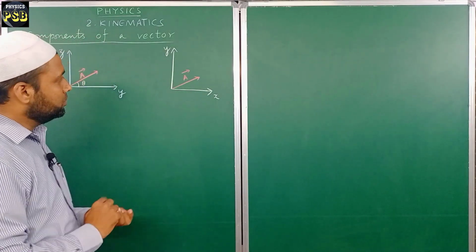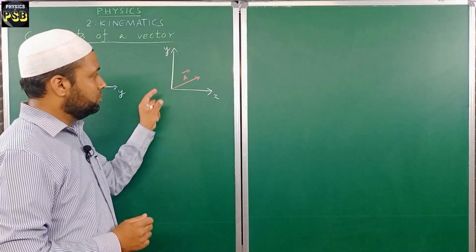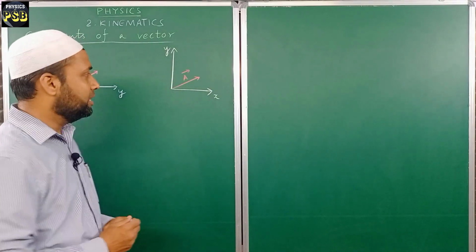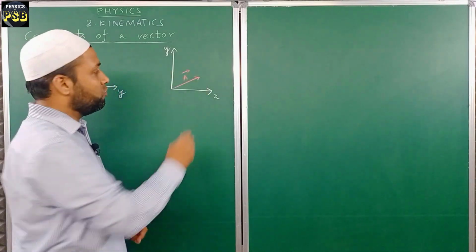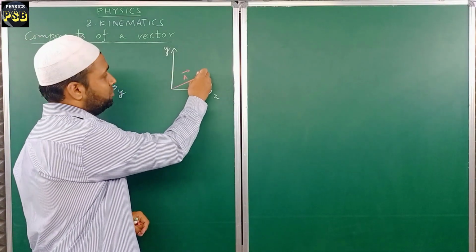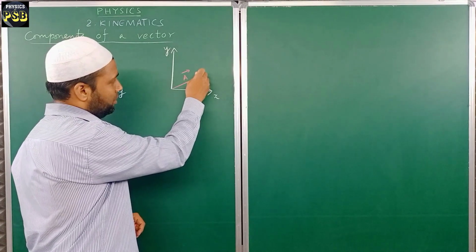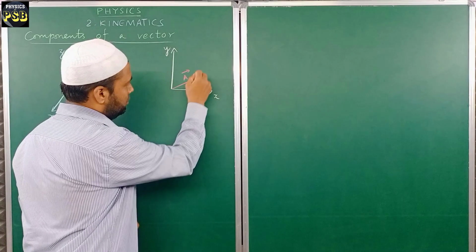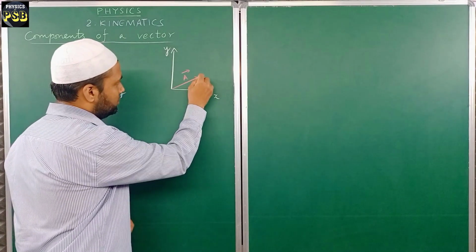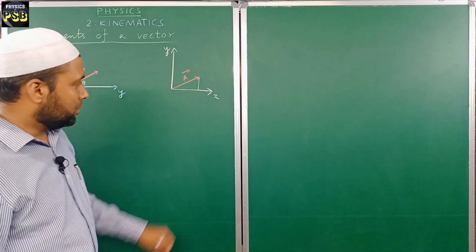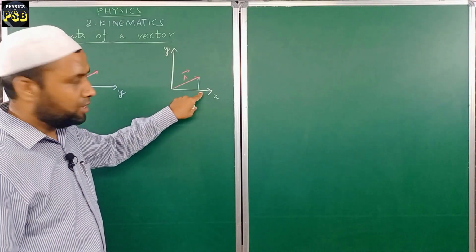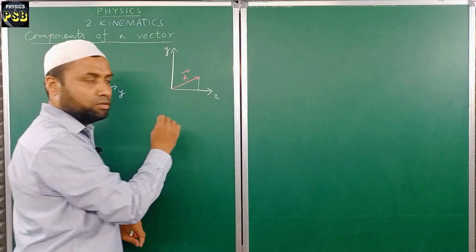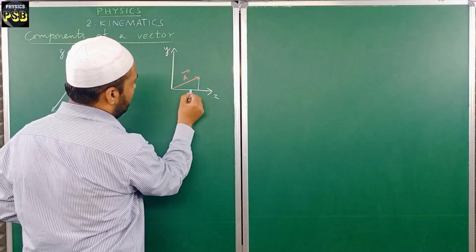So, to get the component of a vector acting along x-axis, I drop a perpendicular from the head of vector A. This is the perpendicular which intersects at some point on the x-axis.